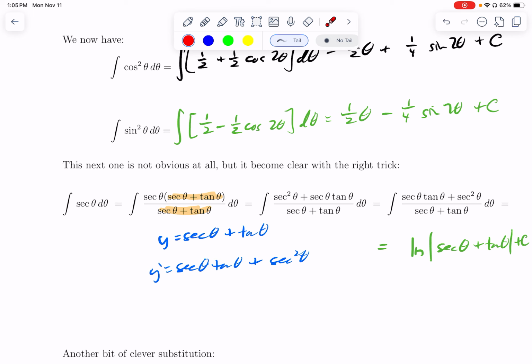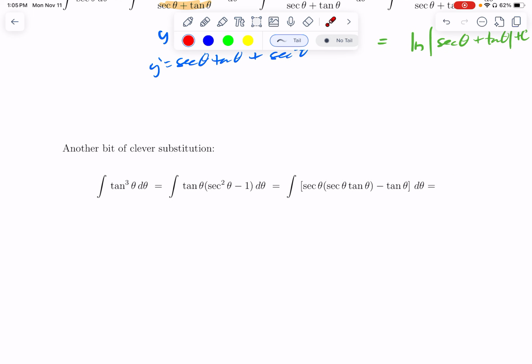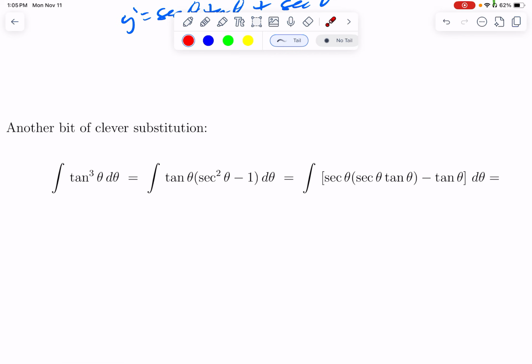Right, so we're making pretty good progress. Here's another one with a substitution that is not obvious. If I want to know the integral of tangent cubed of theta, what I'm going to do here is write this as tangent theta times tangent squared theta, which I can substitute. Tangent squared theta is the same as secant squared theta minus 1.